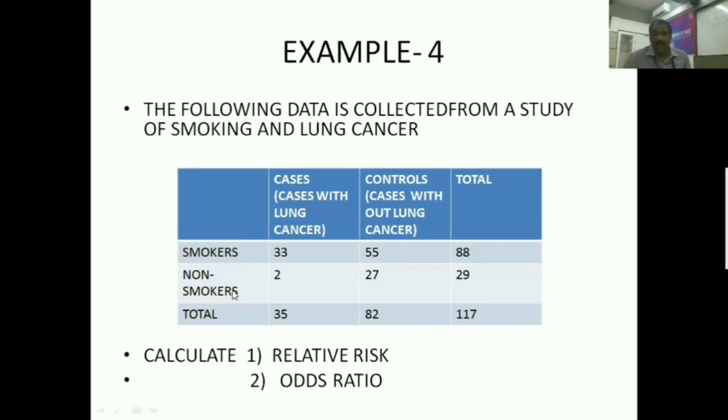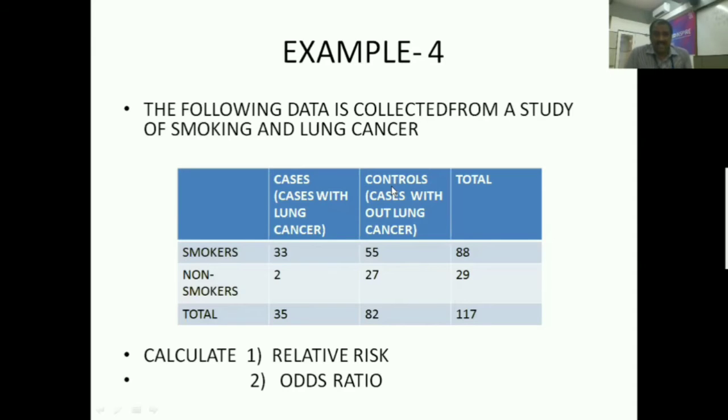This is a 2x2 table. That means this is called a row and this is called a column. Here 2 rows are there and 2 columns are there. Rows are smokers and non-smokers, and columns are cases and controls.